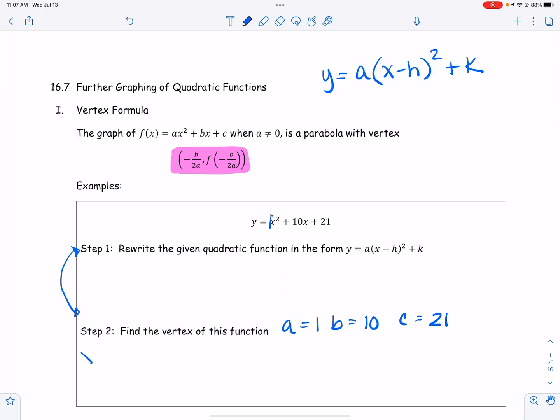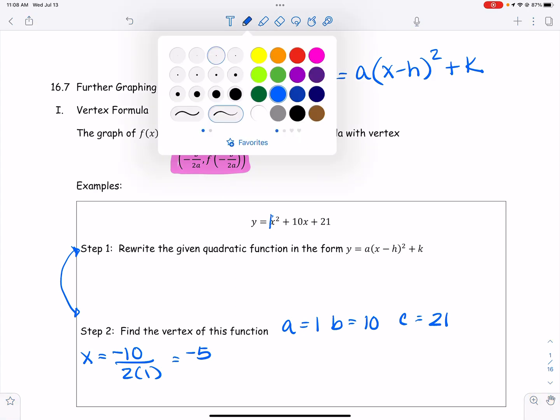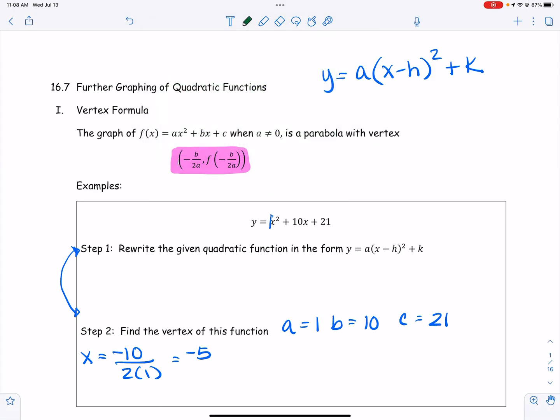So we're going to find the x coordinate by taking the opposite of b over 2 times a, and that's going to give us -5. Then I'm going to plug that -5 into the function. Wherever I see an x, I'm going to replace it with -5.